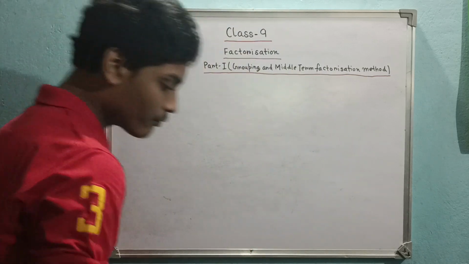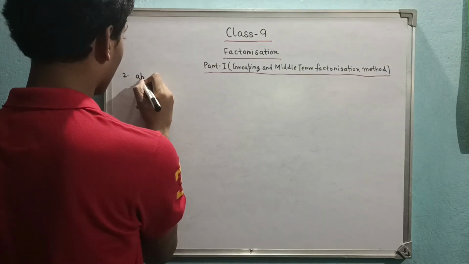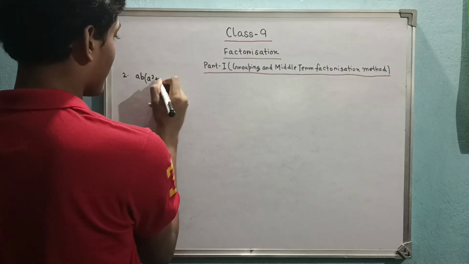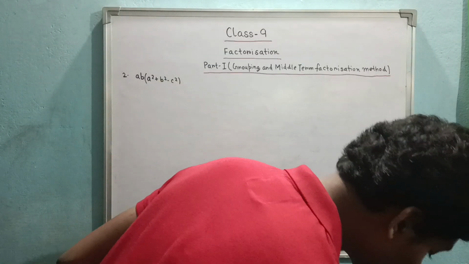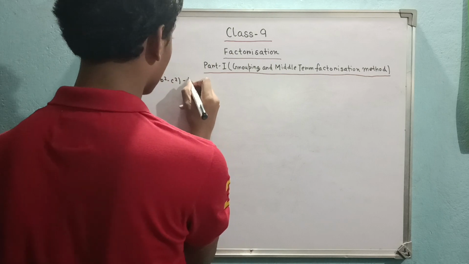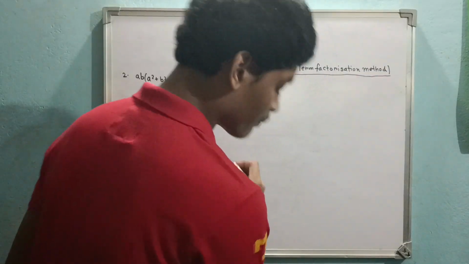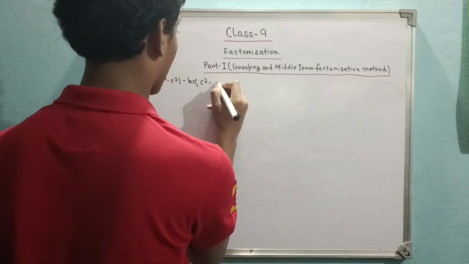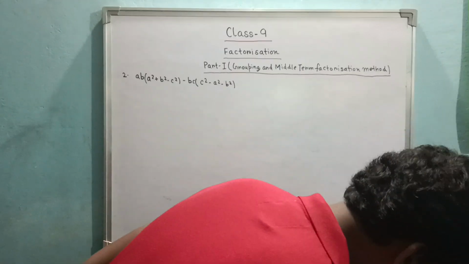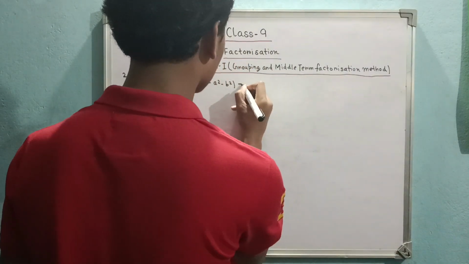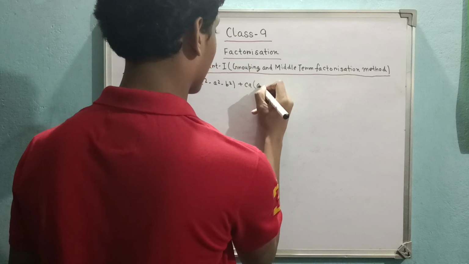So now we have ab into a square plus b square minus c square, minus bc into c square minus a square minus b square, plus ca into a square plus b square minus c square.